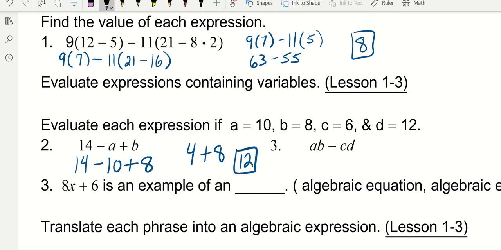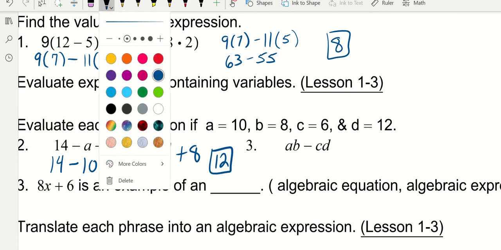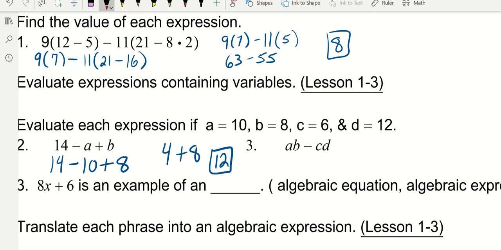12 on that problem. Number 3, similar problem. We're going to substitute in for A, B, C, and D. And that looks like this. A multiplied by B, that's going to be 10 multiplied by B, which is 8, minus C, which is 6, multiplied by D, which is 12. Okay, so we have multiplication, we have subtraction, we have multiplication.